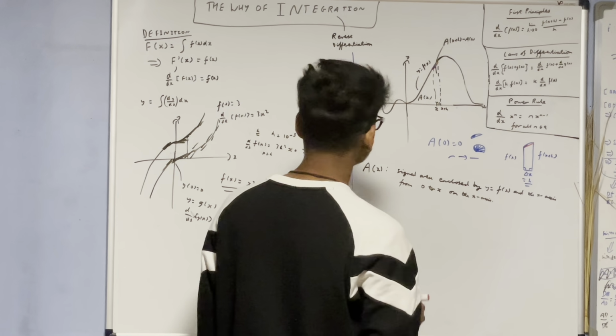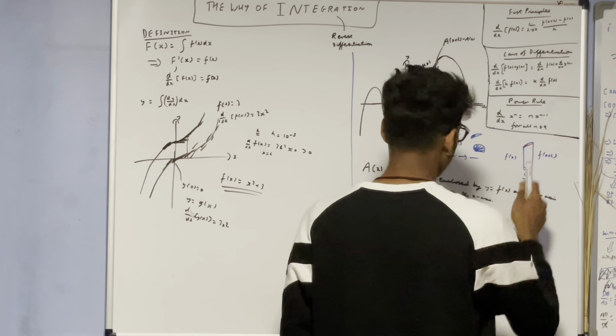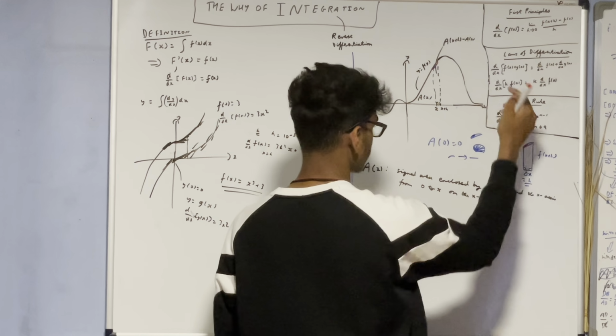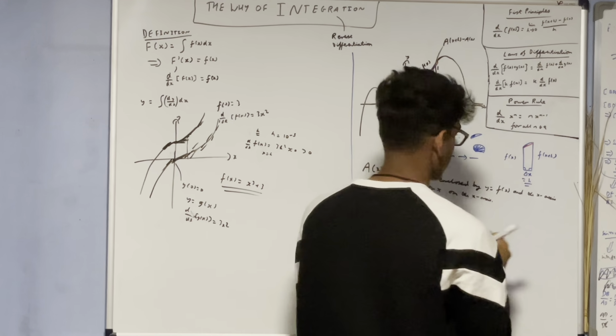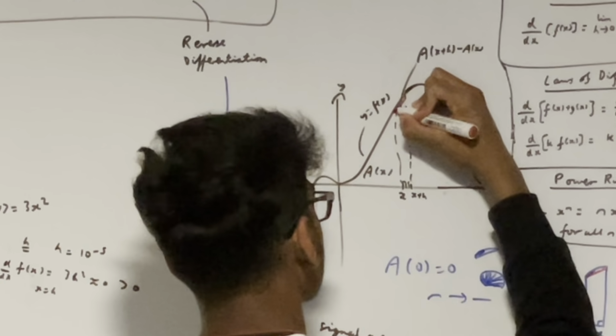And furthermore, f of x plus h, as h tends to 0, gets closer and closer to f of x. The y values approach each other closer and closer.